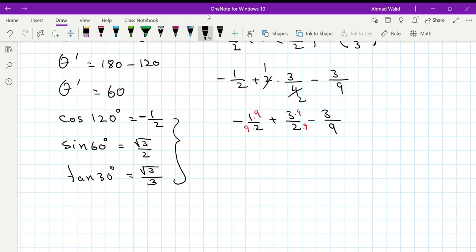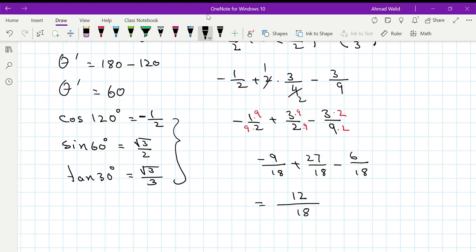I'll show you all the steps: negative 9 over 18 plus 27 over 18 minus 6 over 18, which is, with denominator 18, negative 9 and negative 6 gives you negative 15, and negative 15 and 27 gives you positive 12, right? 27 minus 15 gives you 12.